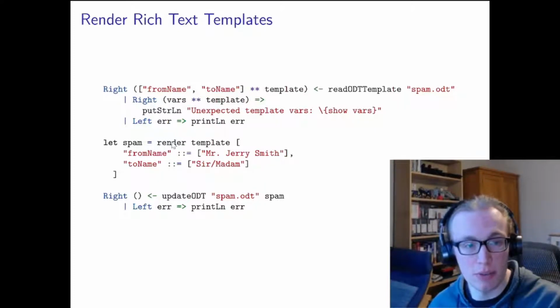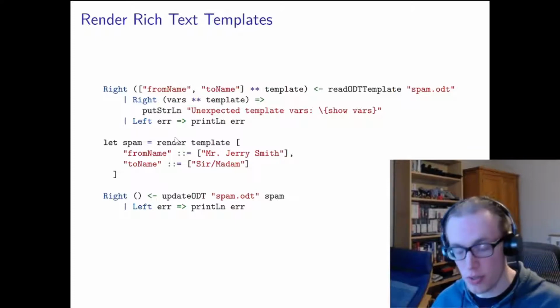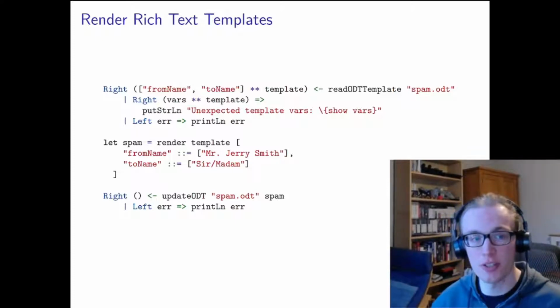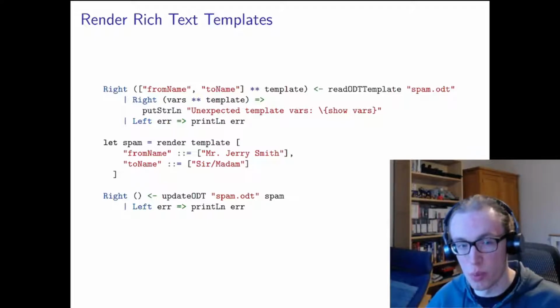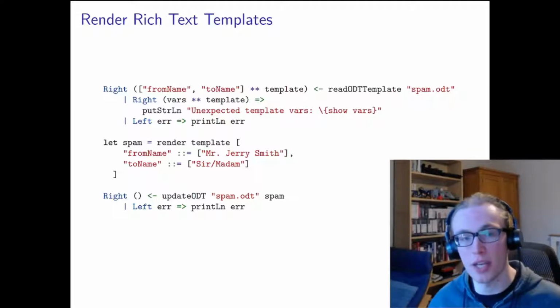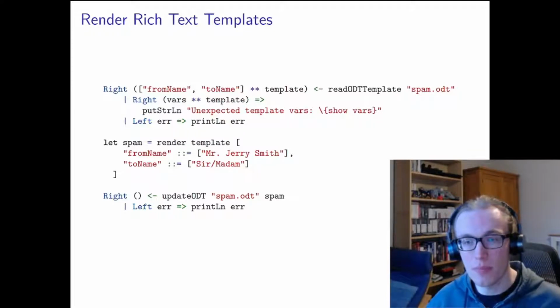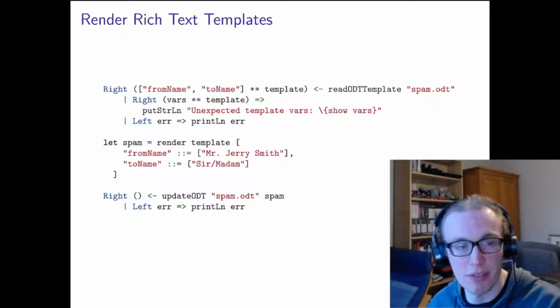And then this spits out an ODT object, having done all of the substitutions. We could equally use the substitute and done functions, though I've not included them in this example, which substitute the variables one at a time and then convert the completed template into an ODT object. But this render function does them all at once, which is convenient for an example like this.